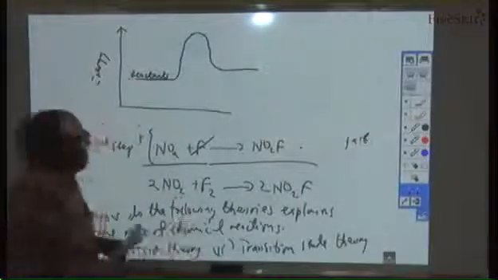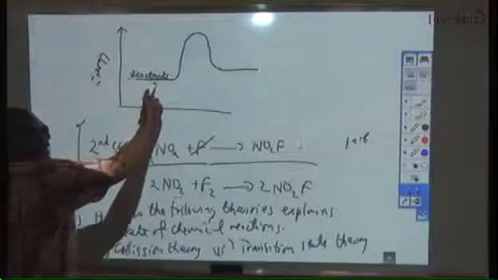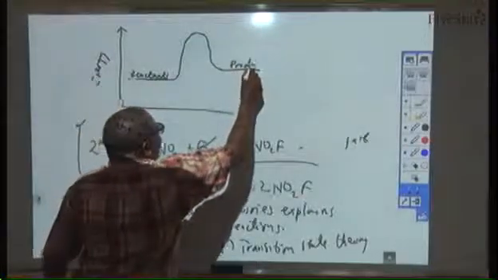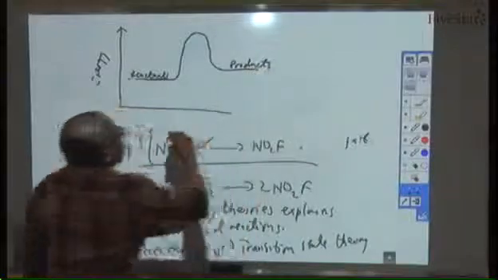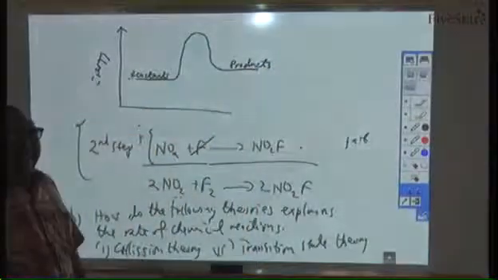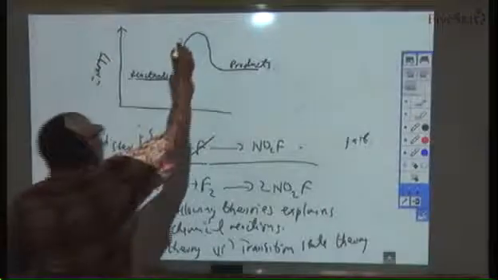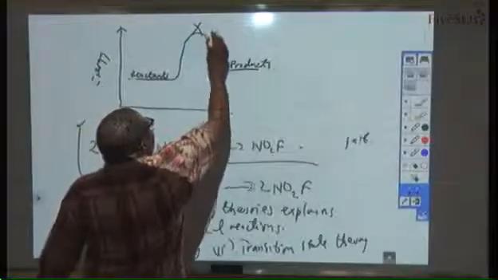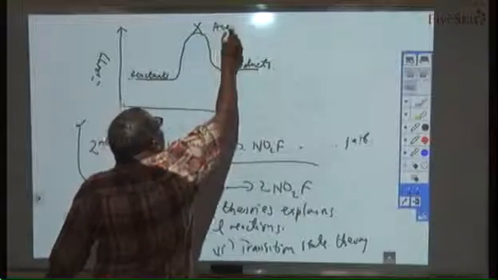According to this theory, reactants, before they are converted to products, form an intermediate product X, which is the activated complex.